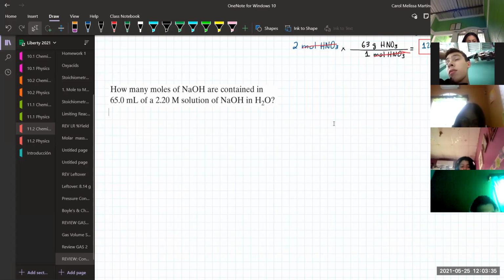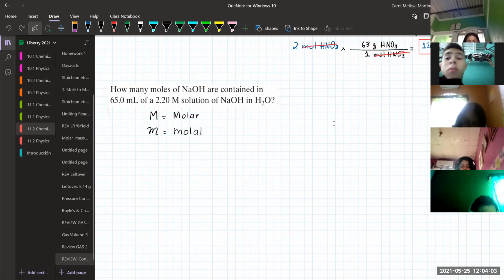Remember, uppercase M means molarity. Lowercase m, most likely in cursive, is molality. You need to be careful on that because that is going to define what formula to use.